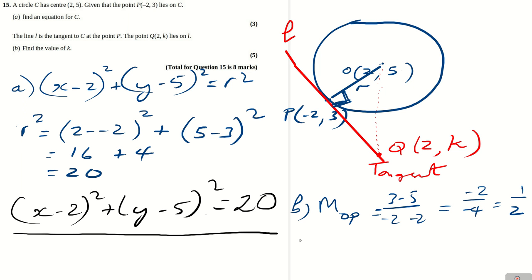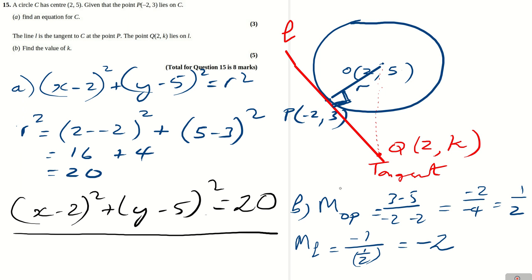Remember that the gradient of the tangent, I'll call it m_L, has got to be −1 divided by that, which is like turning the fraction upside down and changing the sign. So the gradient is actually −2.